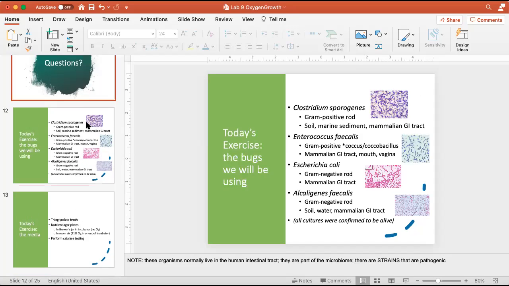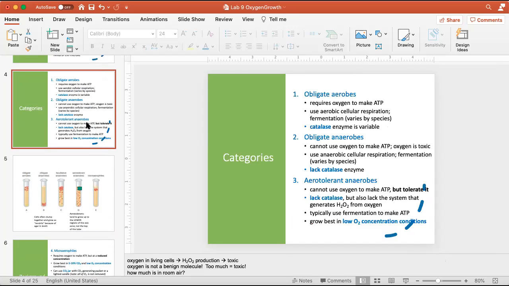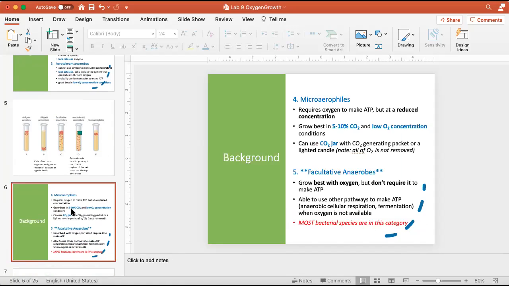Let me pull them back up for just a second so you can take a look at this and review it. Aerotolerants don't use oxygen to make ATP. They tolerate it. So if there's no oxygen around, they're going to be fine, but they grow best when there is oxygen around.